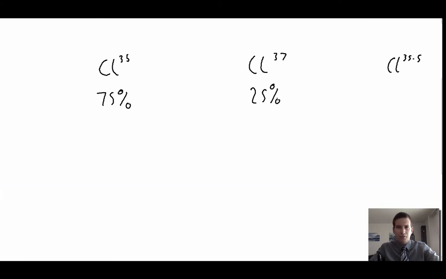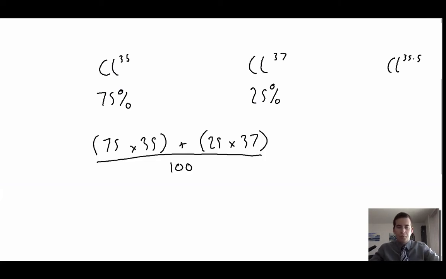So how do we get to 35.5 from this? Okay, well, it's a fairly simple calculation. You multiply the percentage by the mass number for each isotope, add them together, and because it's a percentage, you divide by 100. Now, if you put this sum into your calculator, it will come out at 35.5. And that is how we get the relative atomic mass number.